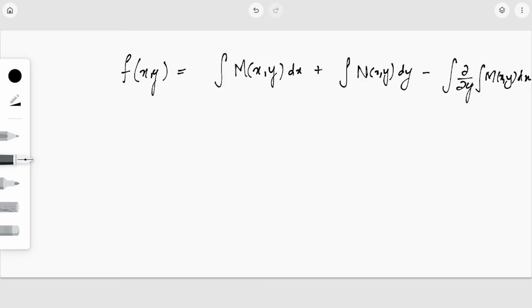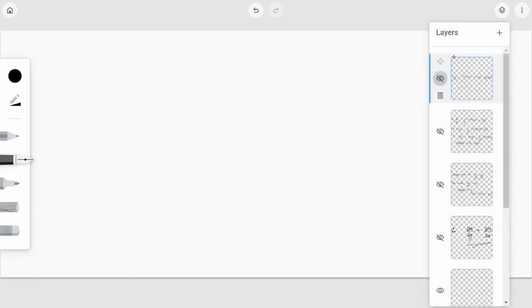So this is the required function, that is, the expression m of xy dx plus n of xy dy is equal to this f of xy. Okay, so this is the proof of the theorem.